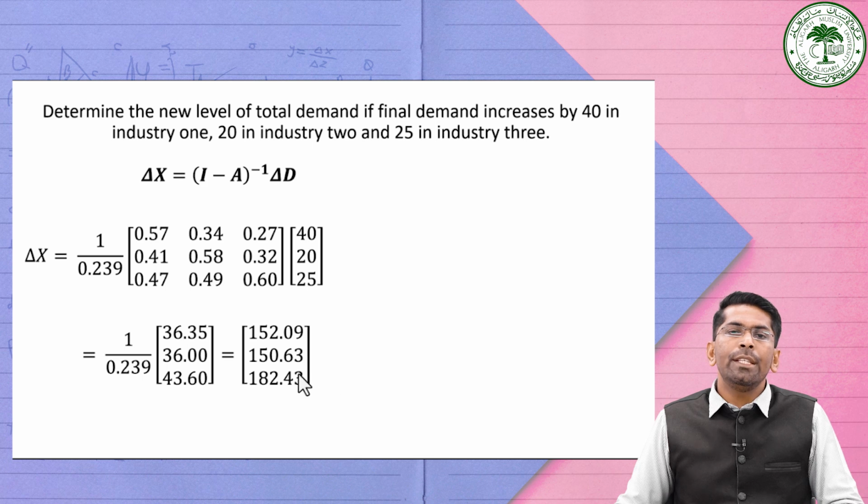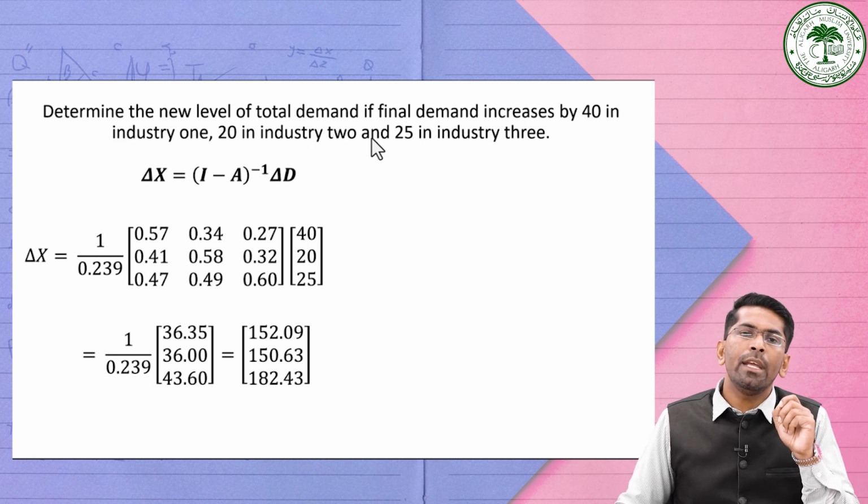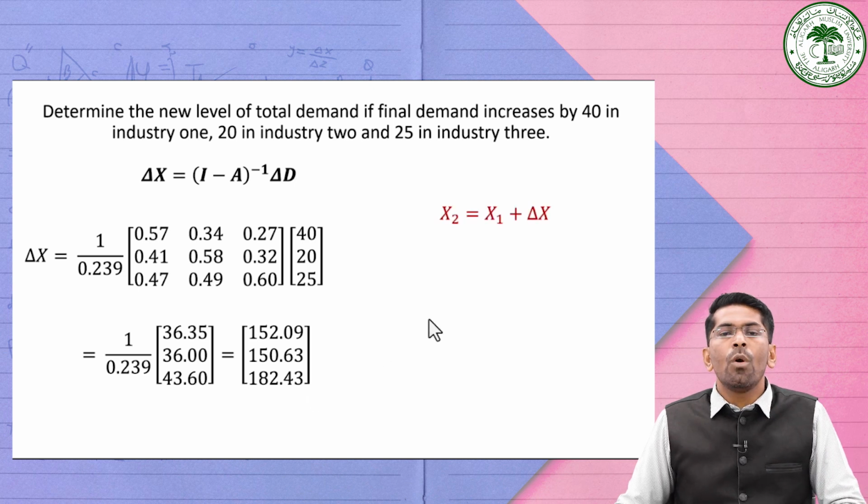So this is the changed output. That means if the final demand is increased by 40, 20 and 25, then the output will change to 152.09, 150.63, 182.43.